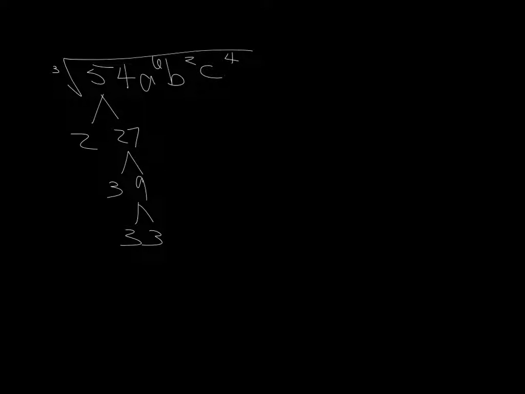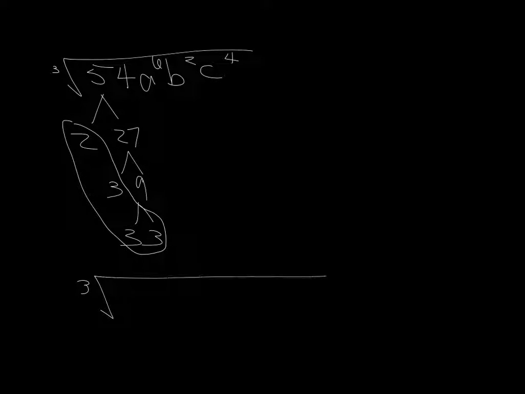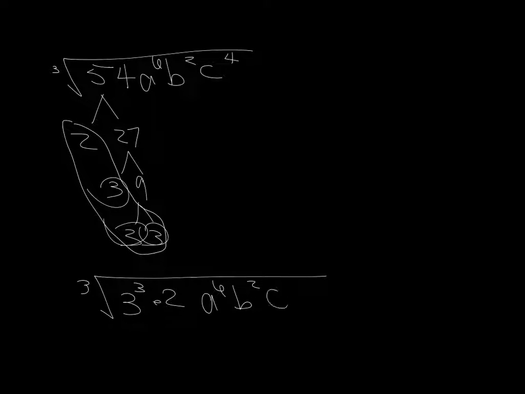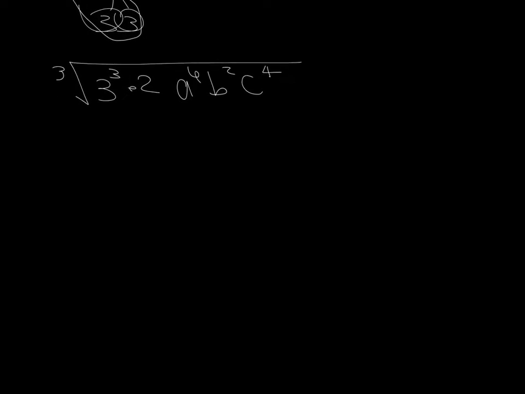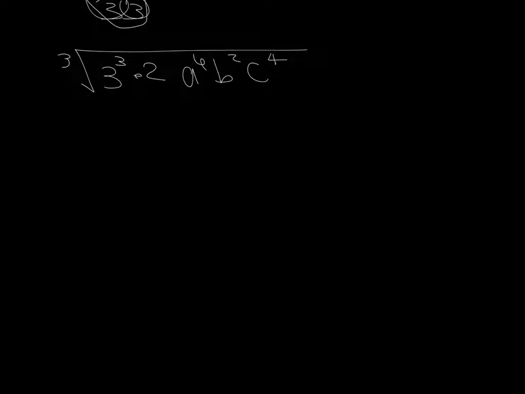Okay, so now I'm going to take my prime factors there, and we'll put them in here. We've got a 3 that appears 1, 2, 3 times, and then I write my a to the 6th, b squared, c to the 4th. Alright, let's move all this up, because that's all I've got left.